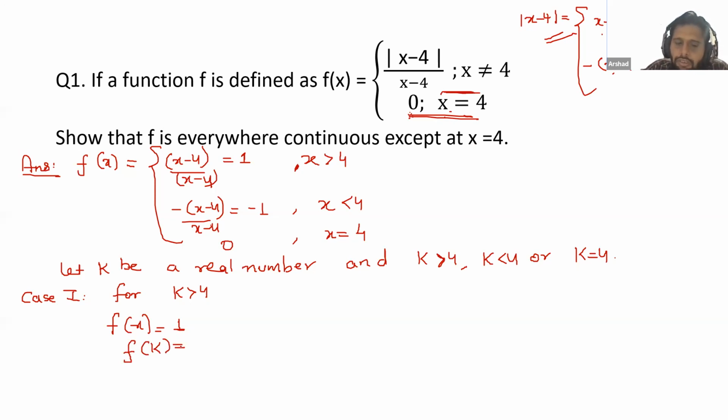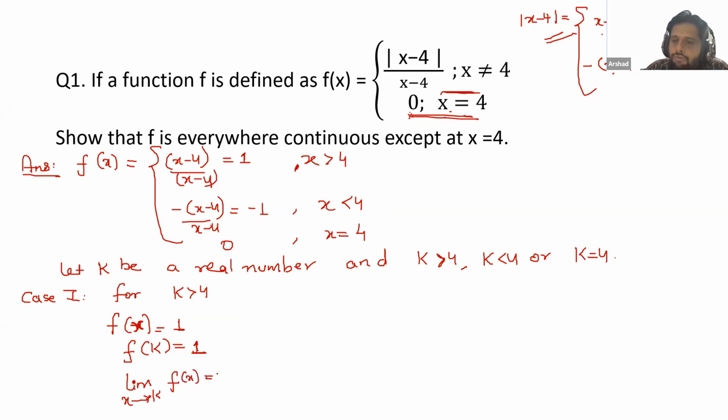Josefa, if in place of this x you put k, then what value will we get? 1. Very good. Because here we do not have any variable, so even if we put k in place of x, we will get 1 only. Now next one. Next is limit x tends to k f(x).